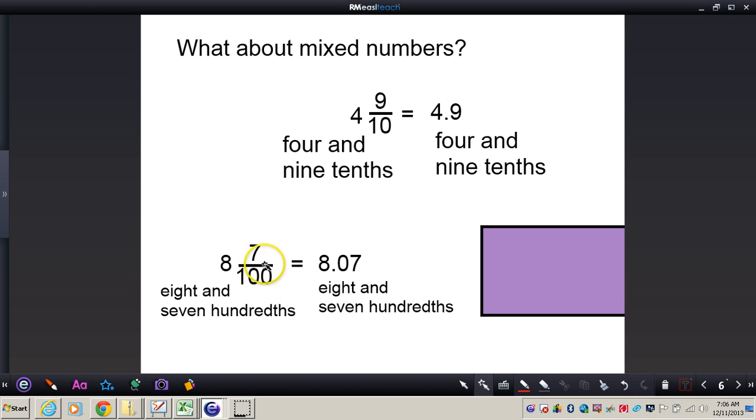Now remember, whatever your denominator is in powers of 10, that's what place value that final number needs to fall in. My denominator was 10, so then my 9 needs to fall in the tenths place. My denominator was 100, so that means my 7 needs to fall in the hundredths place.